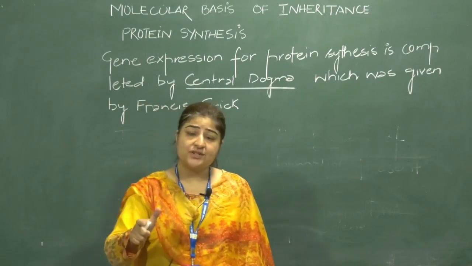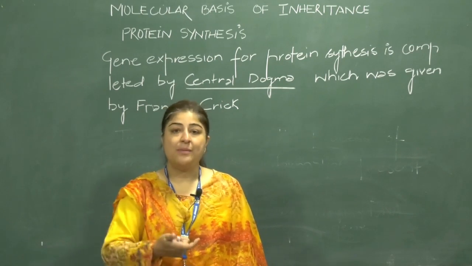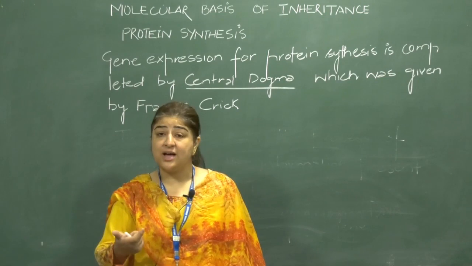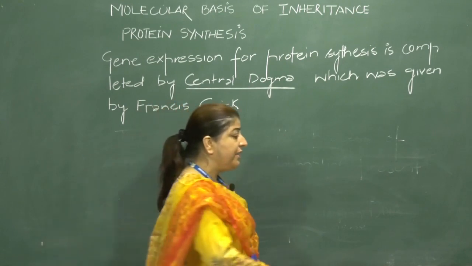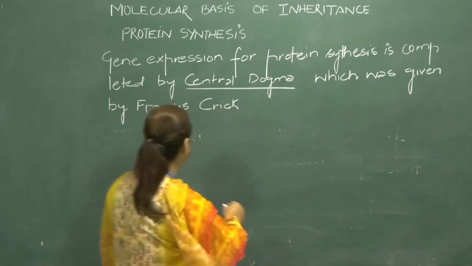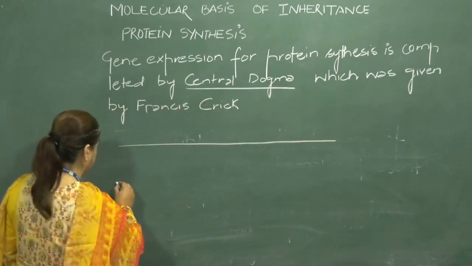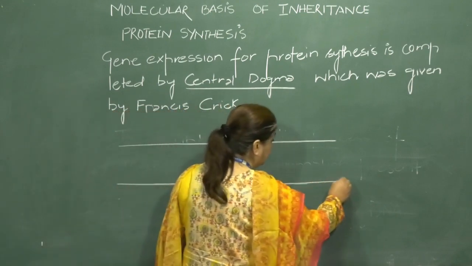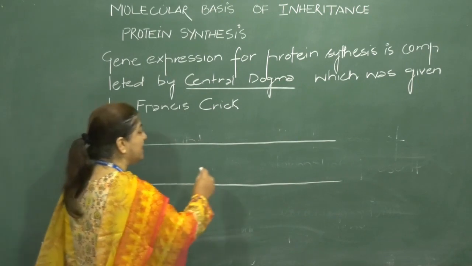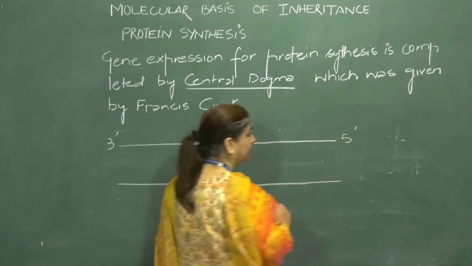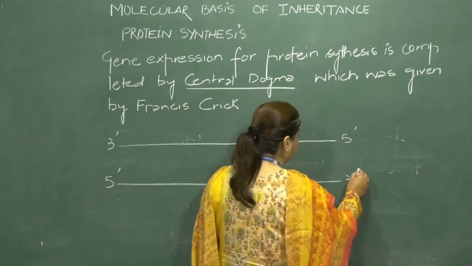The regions which can be transcribed into mRNA are termed as the euchromatic regions, and those which are transcriptionally inactive are termed as heterochromatin. So if we make a DNA strand, suppose this is a DNA strand, and this is the polarity, and this is the second strand with the polarity 5', 3'.